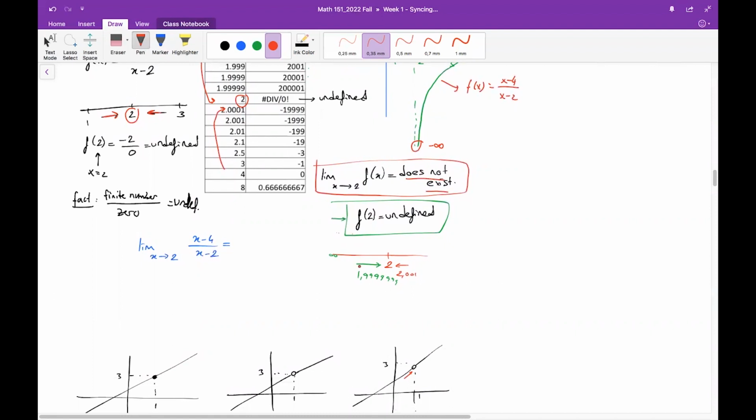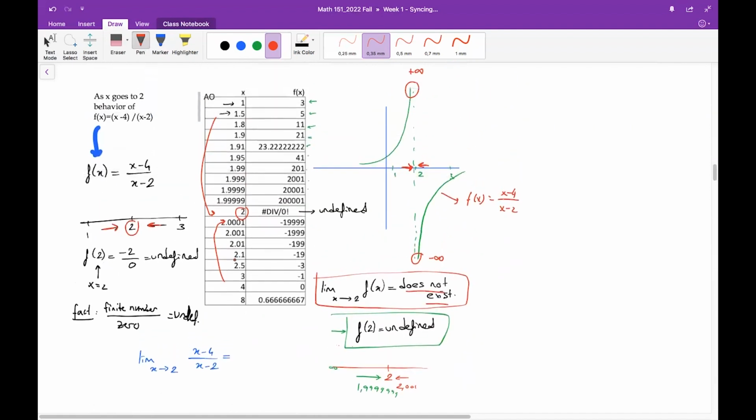So you are looking at the values of your function at the very near numbers to 2, and you can do the same in the other direction, like you choose numbers such as 2.0001, which are really close to 2 from the right. Okay, and this is a particular example that shows the limit does not exist.